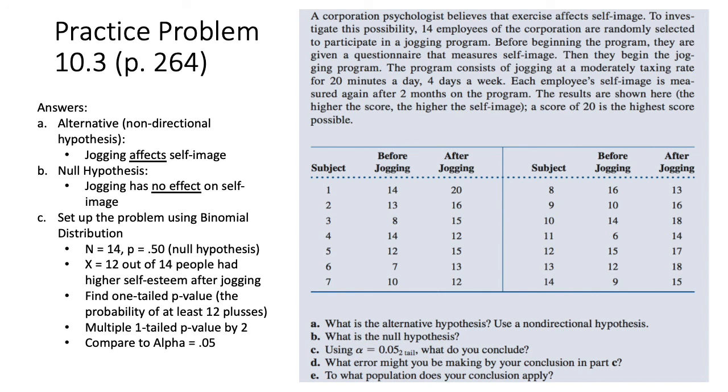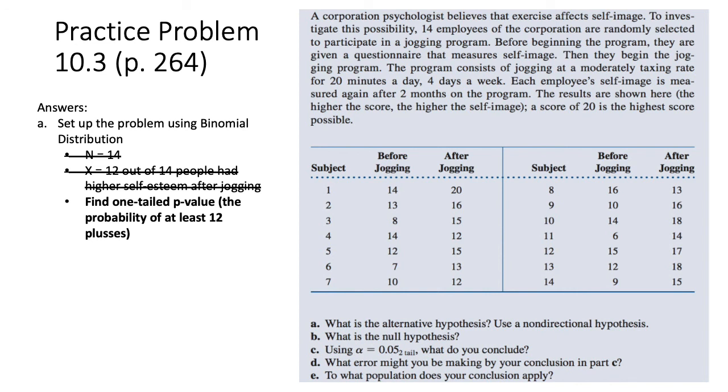That represents, in this case, that if the null hypothesis is true, we should expect 7 people to show higher self-image after jogging, but the other 7 would not. If you're counting correctly, you should find that 12 of the 14 people had higher self-esteem after jogging. So given that 12 out of the 14 people showed this, first find the one-tailed p-value, then multiply it by 2 to get the two-tailed and compare it to alpha.